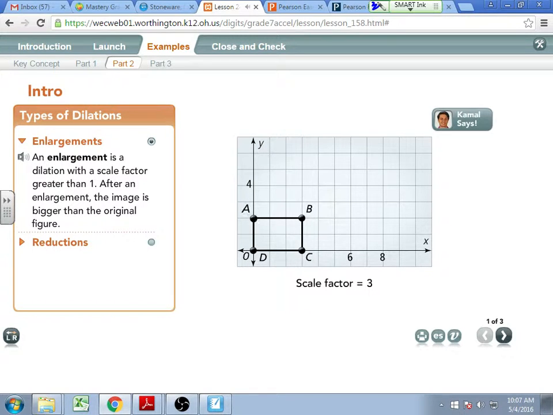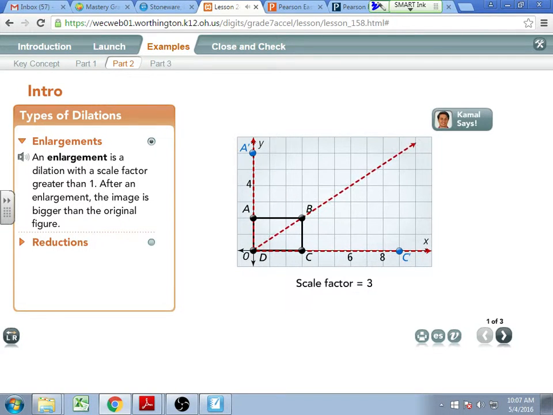A is 2 units from the center, so A prime is 3 times 2, or 6 units from the center. C is 3 units from the center, so C prime is 3 times 3, or 9 units from the center. Use the distance method.